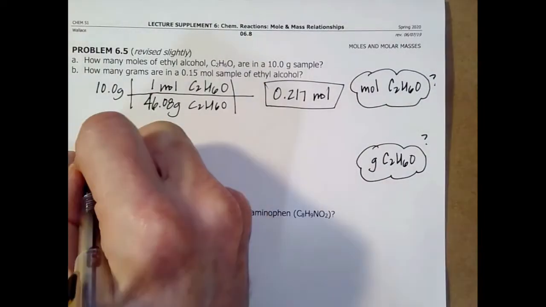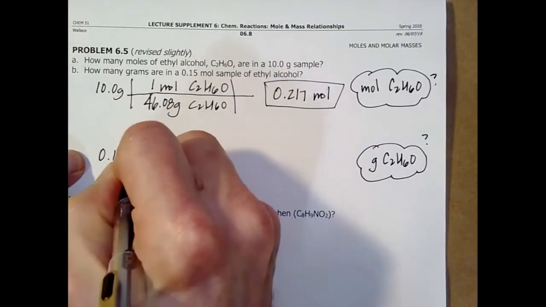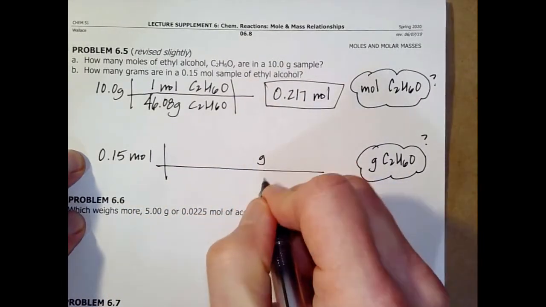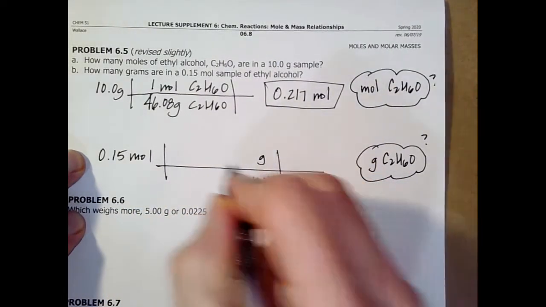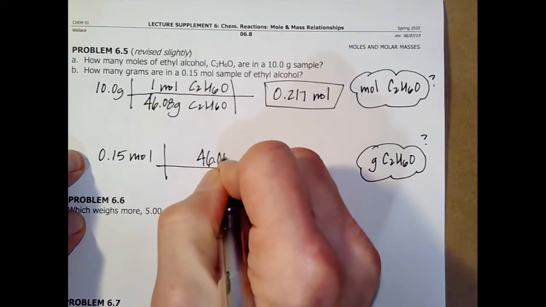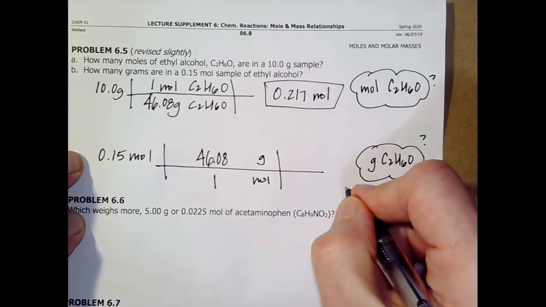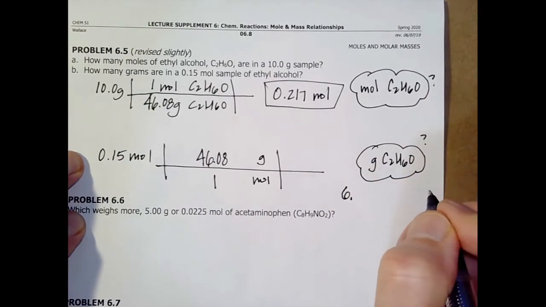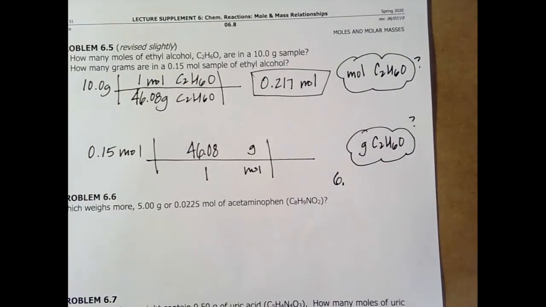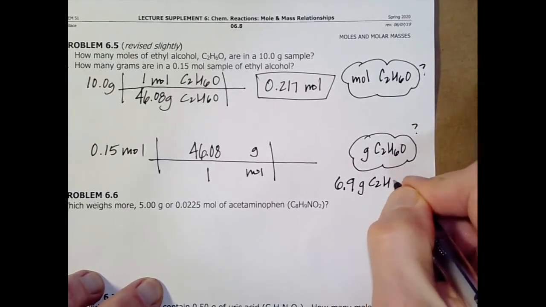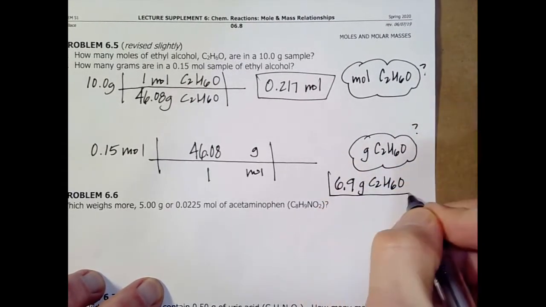Here I'm going the other way around, 0.15 mole. I want to get to grams, so I'm going to have grams per mole, 46.08 grams, 1 mole. I got 6.15. Oh yeah, that's right, 6.9 grams C2H6O.